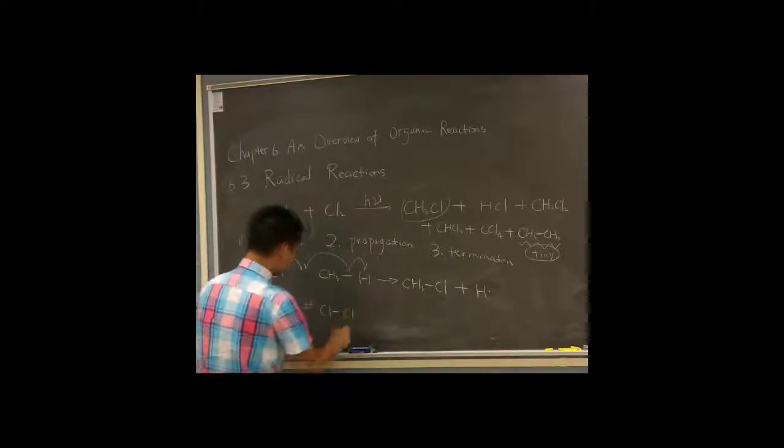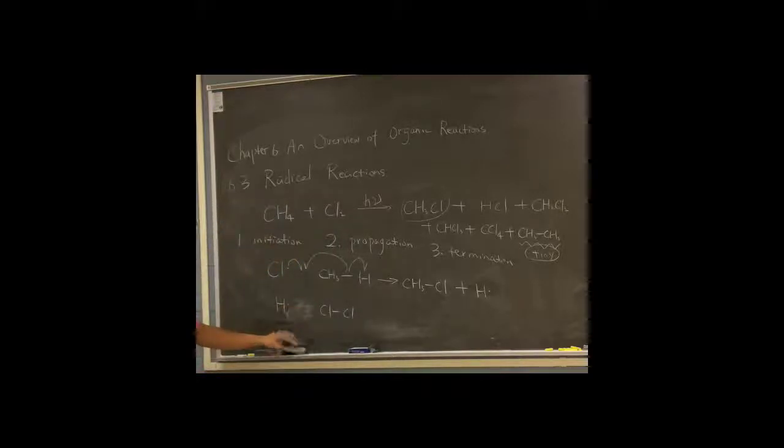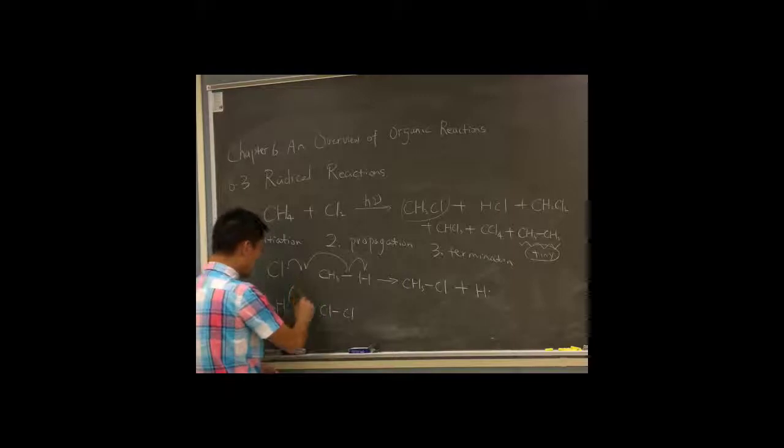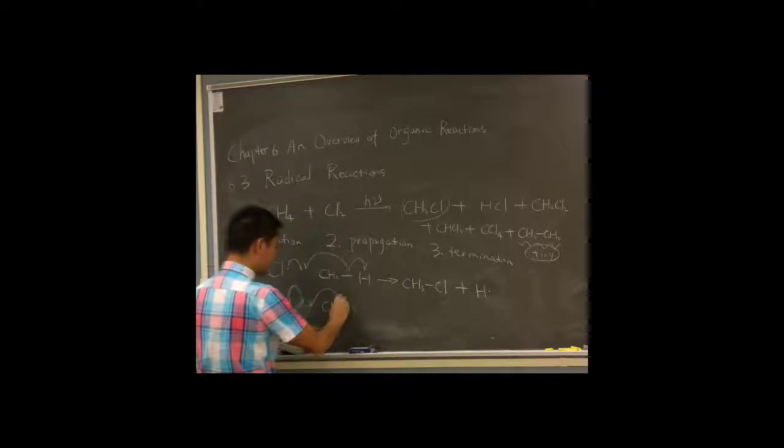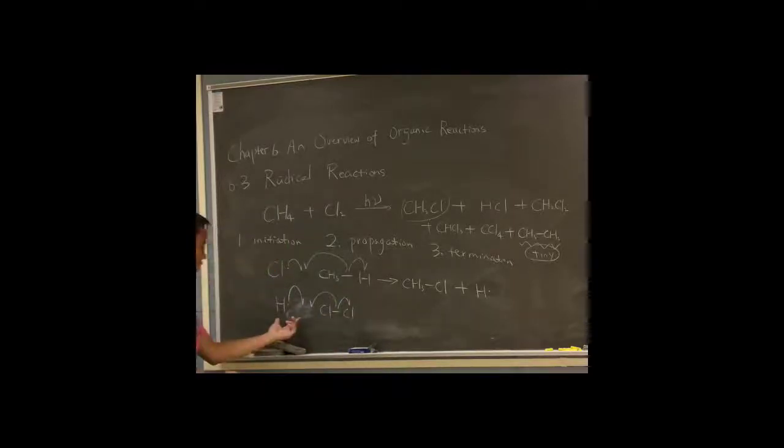So we have this, get rid of this plus sign, and then now we can do the same thing. We move this electron from hydrogen to the middle. So 1 electron from this bond moves to the middle, and another one of those electrons moves to the chlorine. It's a reaction of a single radical reacting with a neutral species.